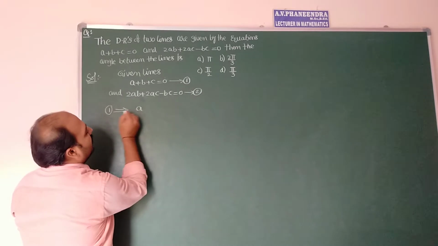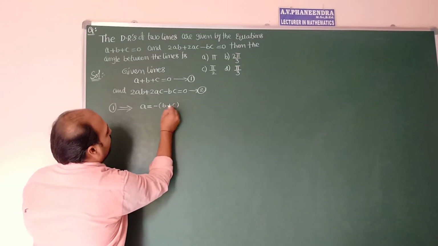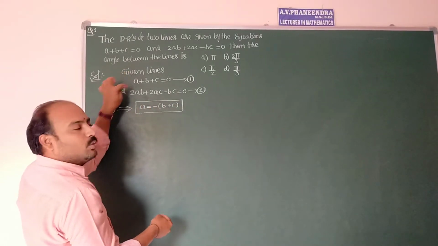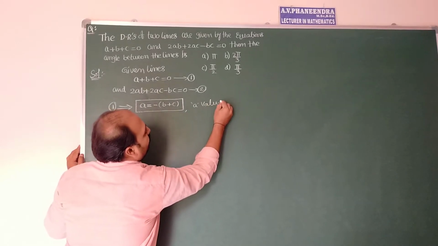So a is equal to minus of b plus c, that means minus b minus c. This a value we substitute in equation 2.